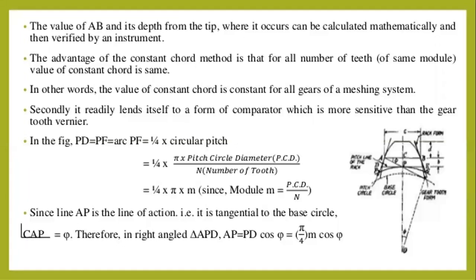Therefore, psi is the angle in right angle triangle APD, in which PD cos phi is equal to pi by 4 of m cos phi.